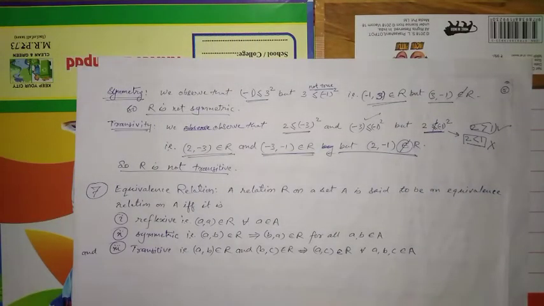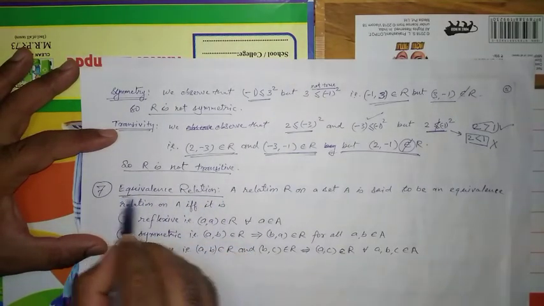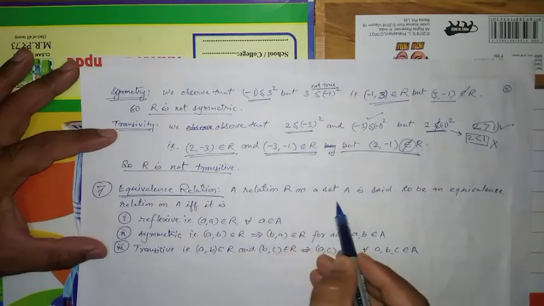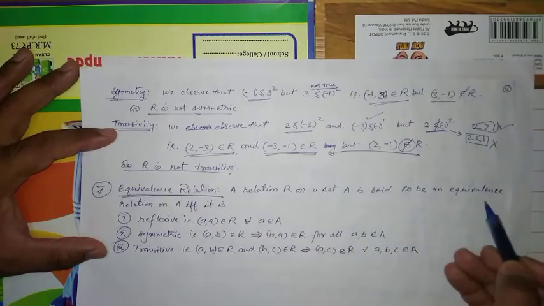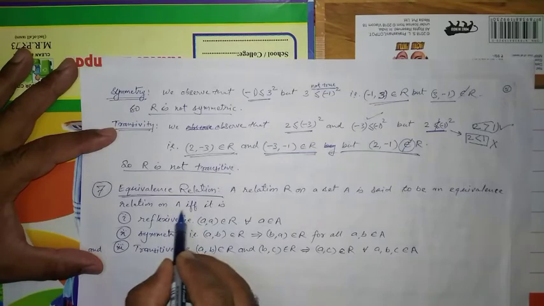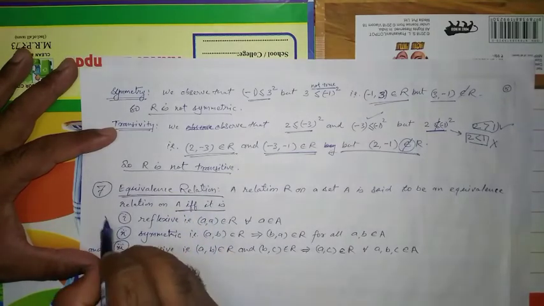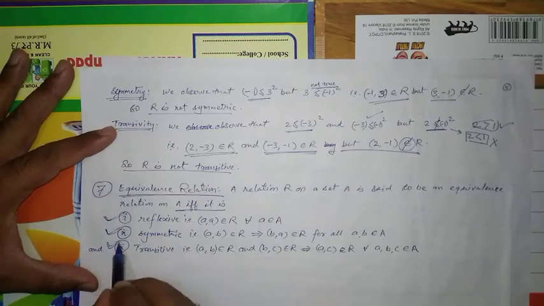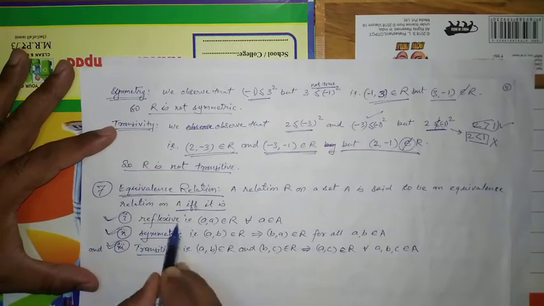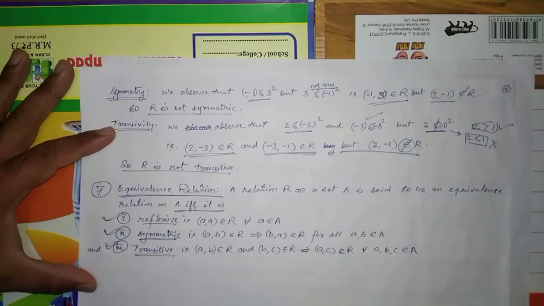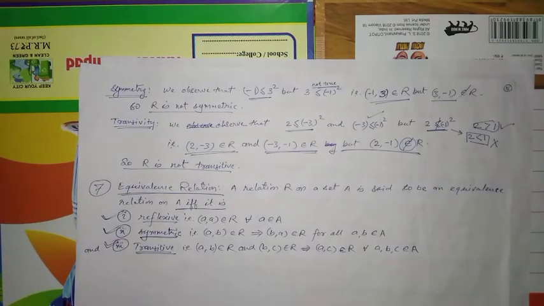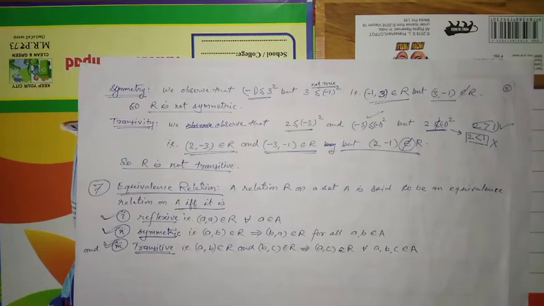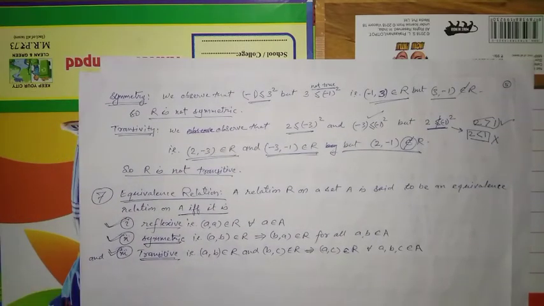Now coming to the next relation, that is the equivalence relation. A relation R on a set A is said to be an equivalence relation on A if it is first reflexive, second symmetric, and third transitive. It should be reflexive, symmetric, and transitive at the same time, then only can a relation be said to be an equivalence relation. Otherwise it is not.